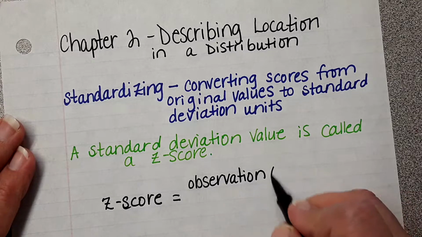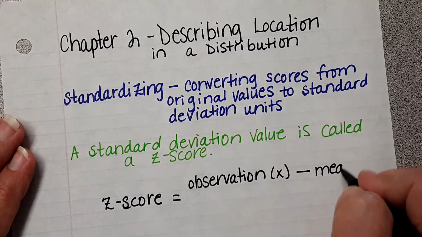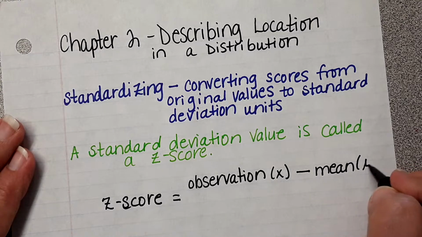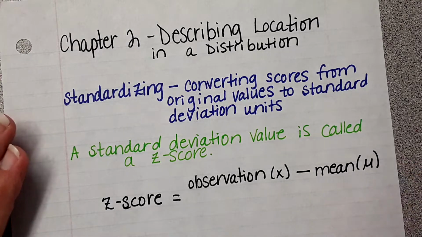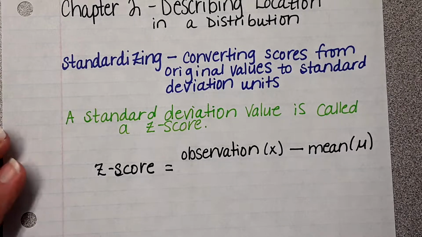It's the observation x minus the mean, which in this chapter is going to be mu, the population mean.